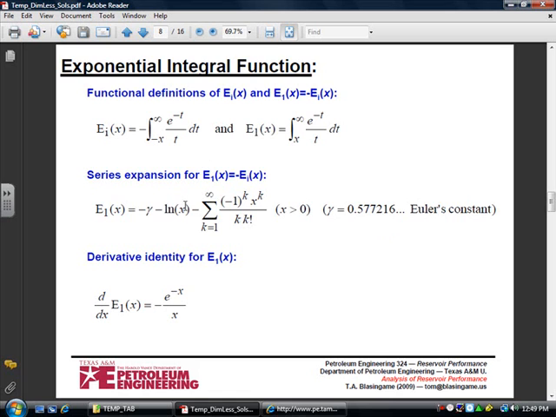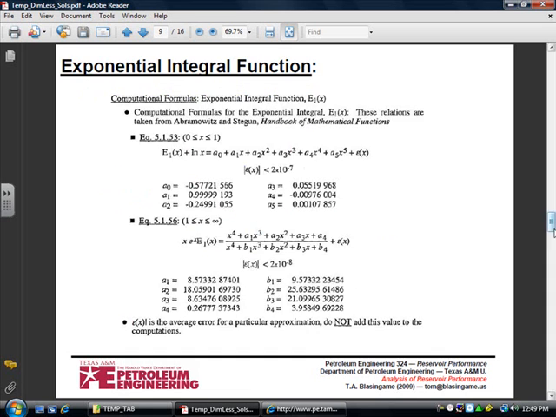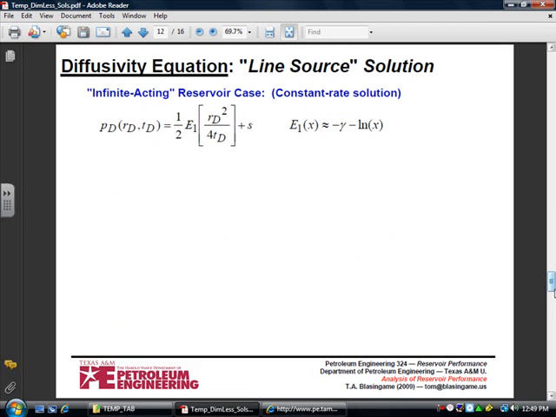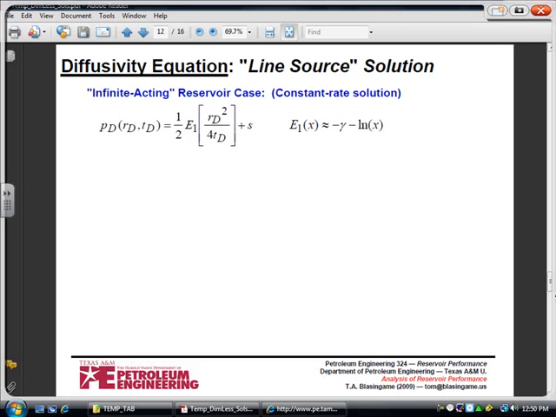And today we are going to use this expression and then solve for the pressure relation in a drawdown or build-up test. Okay, so let's start. The first thing I am going to do, I'm going to take the solution here, and then I will say that I can approximate the exponential integral by this formula.